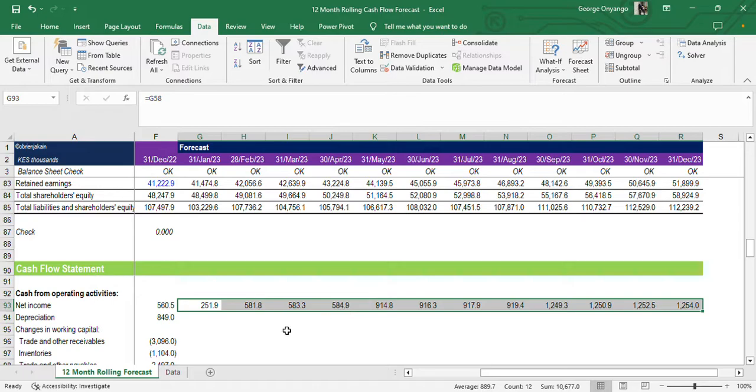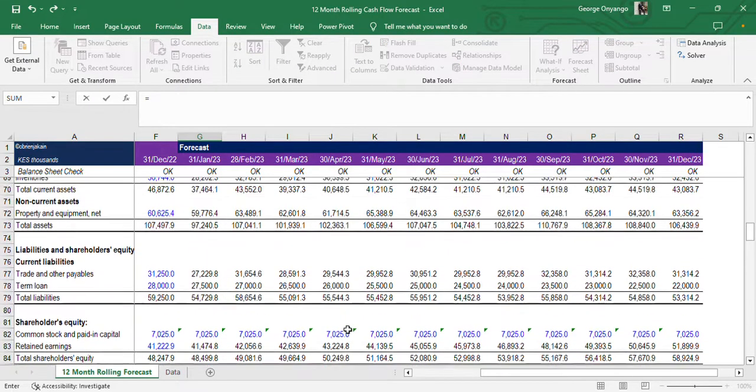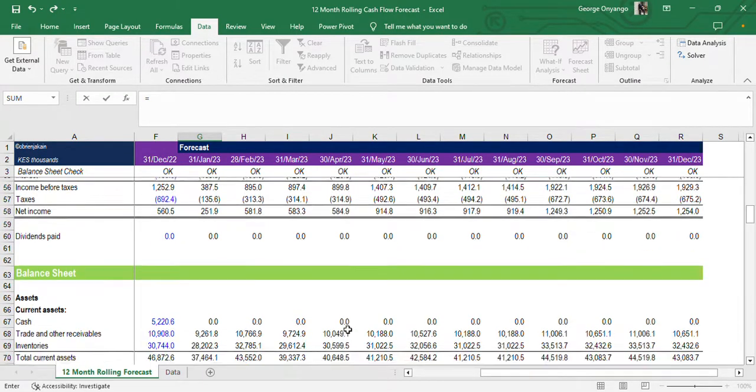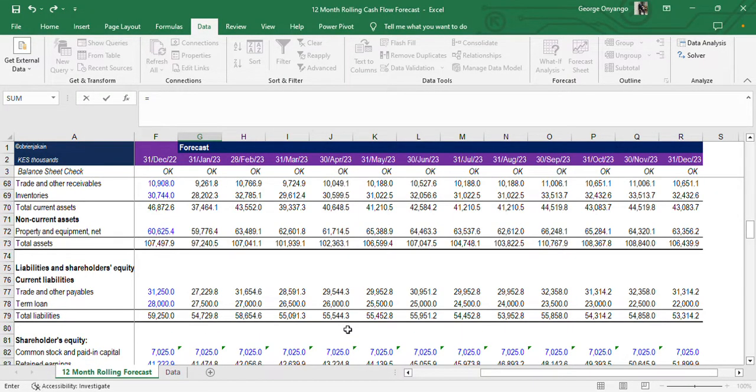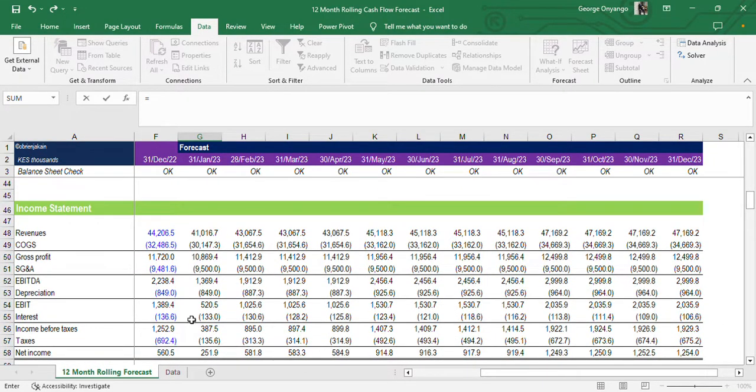Then we have the depreciation value. The depreciation values we can get from the income statement. This is the depreciation values.